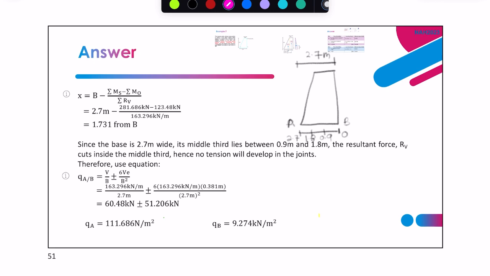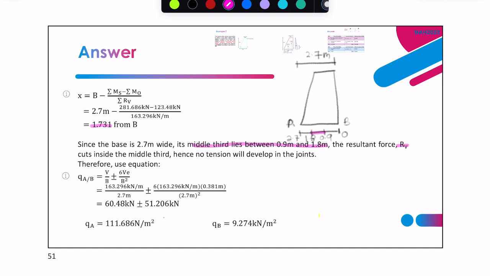And kita tengok the value of 1.731 meter from B ni berada di mana. It's still inside the middle third sebab dia adalah 1.731. Lebih besar dari 0.9 but less than 1.8 meter. Middle third lies between 0.9 and 1.8.